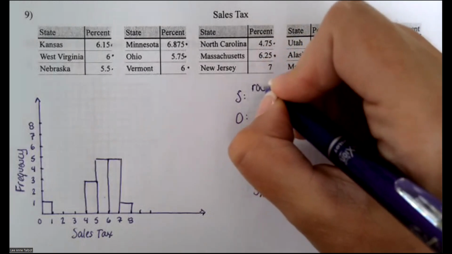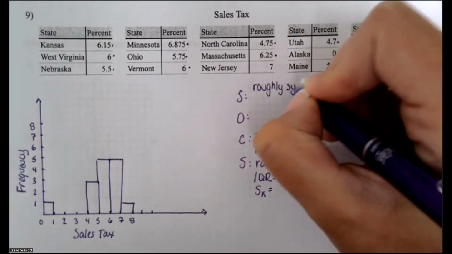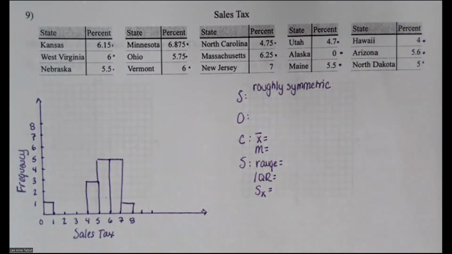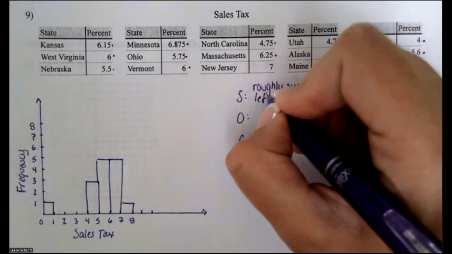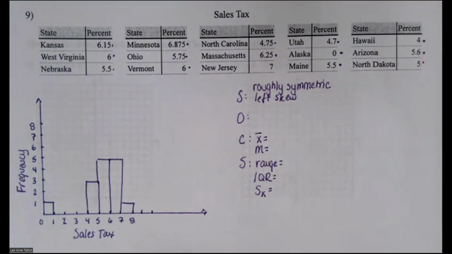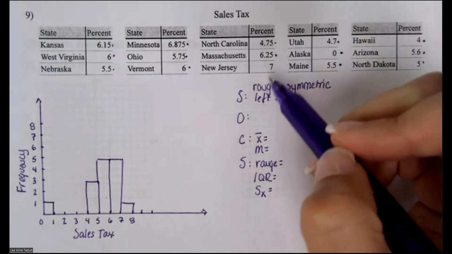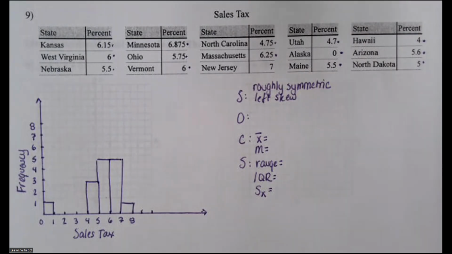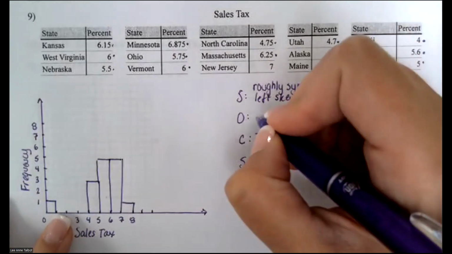So I would accept roughly symmetric, but I don't know that that's the best answer. Left skew. I think it's left. Okay, now, if you can't see the shape, I would accept both of these for full credit. But if you can't see the shape, hold on a second, because the box plot really, really helps. Okay, so outlier, possible.